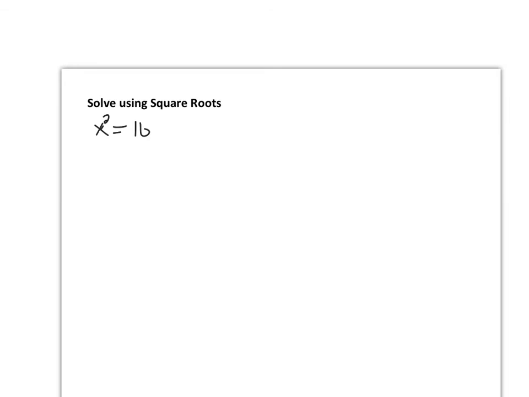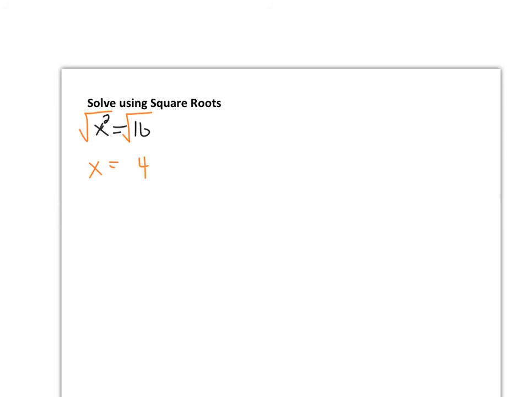We know multiplication and division are opposite. And we talked that squaring something and the square root are also opposites. So here I'll take the square root of x squared and the square root of 16. Well, the square root of x squared is x. The square root of 16 is 4.